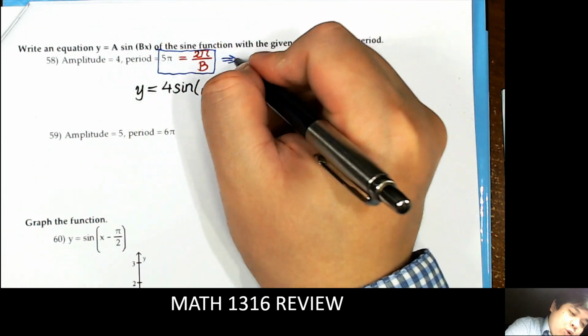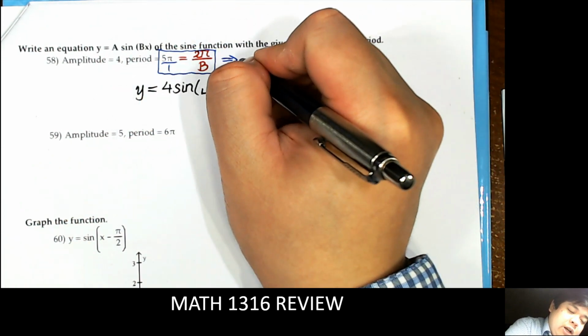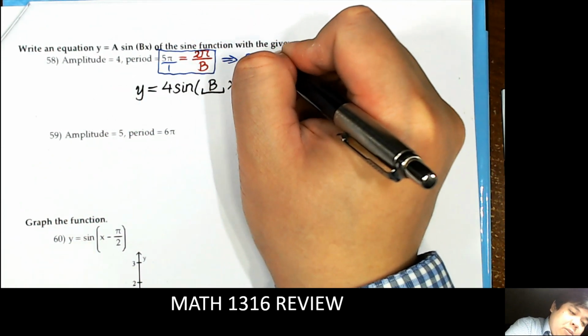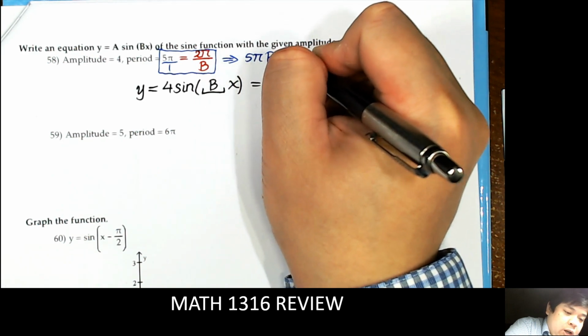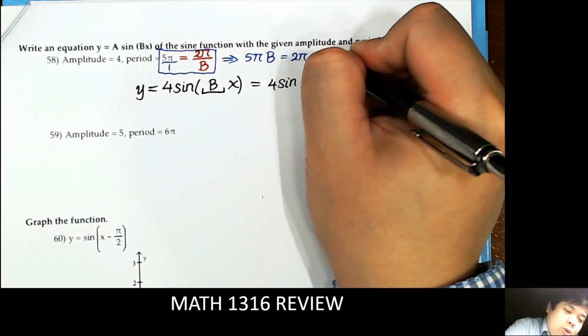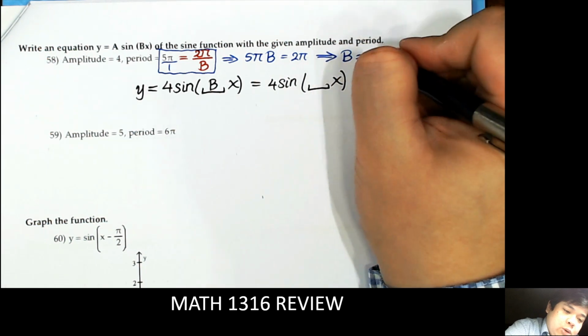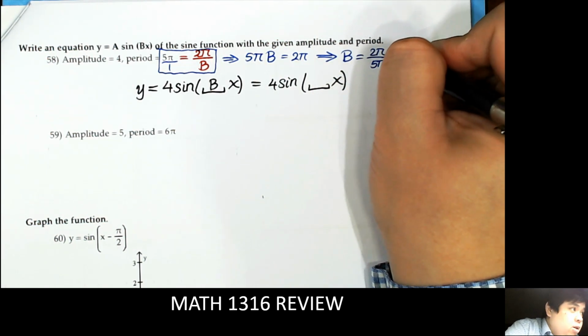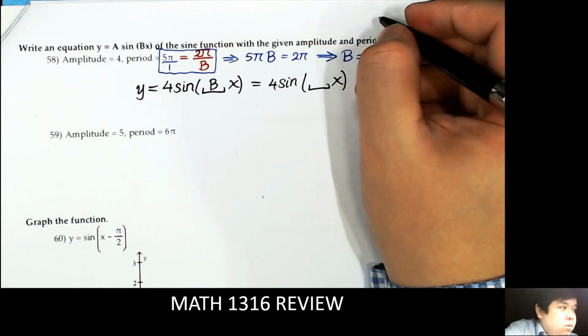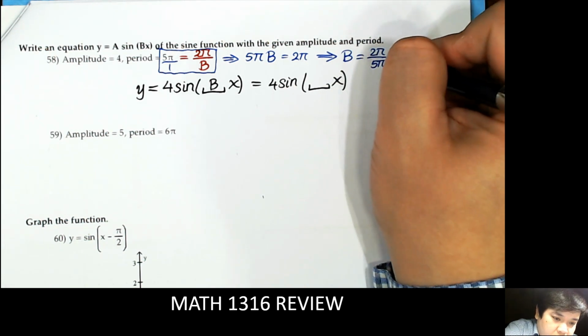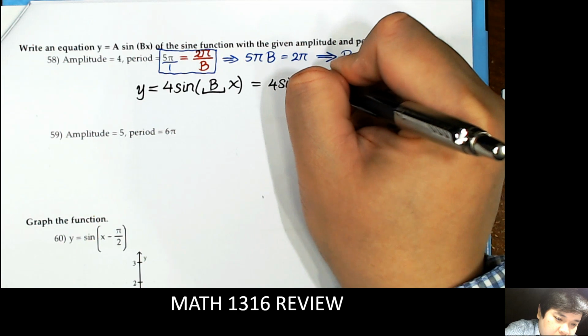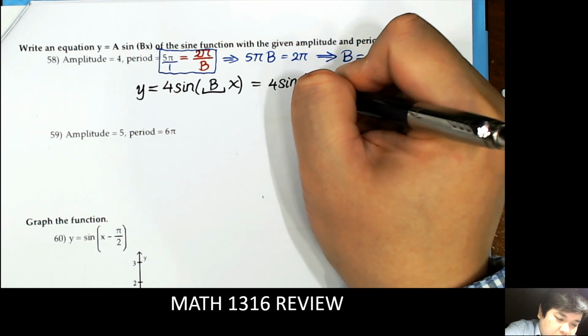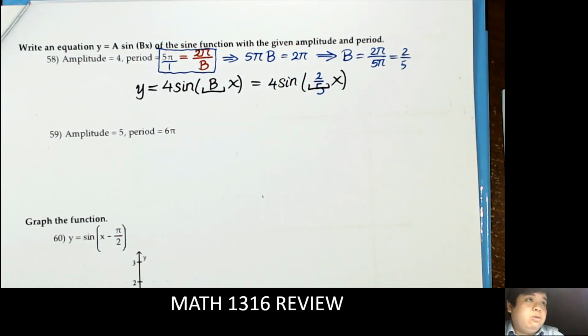So cross multiply, we have 5 pi b equals 2 pi, divide by 5 pi on both sides, b equals 2 pi divided by 5 pi, so it's 2/5. And we can try the same thing on 59.